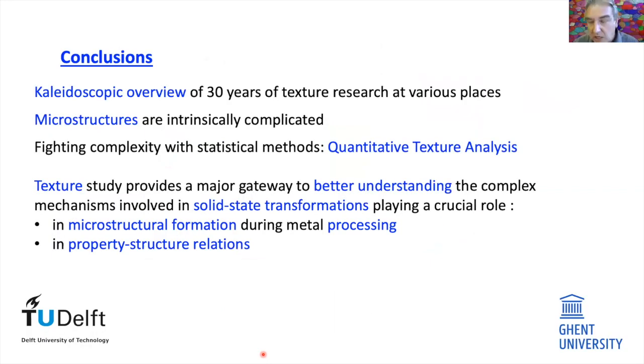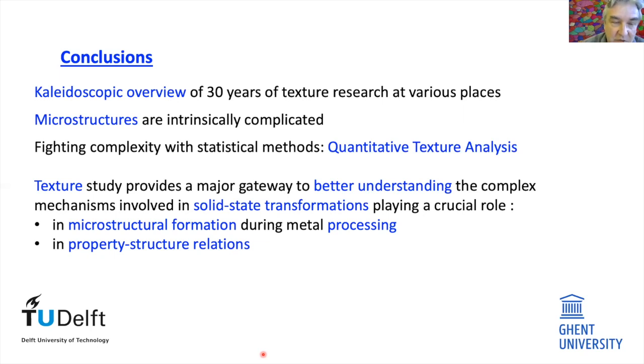This brings me to my conclusion. I have given you a kaleidoscopic overview of about 30 years of texture research at various places, mainly Delft and Gent. I think perhaps it was not necessary, but it was confirmed that microstructures are intricately complicated.